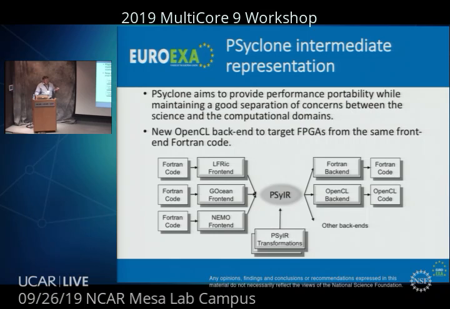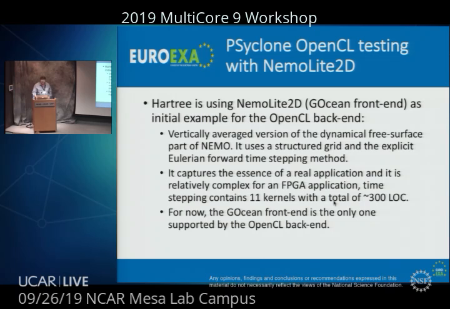What is Cyclone doing in this space? Well, Cyclone now generates an independent representation as its middle form. So originally, you would just have Fortran code running through a Fortran backend and generating Fortran code. But with this intermediate representation, you can now generate other things, and the guys at Hartree, particularly Sergi, have used the NEMOLite2D as an example.